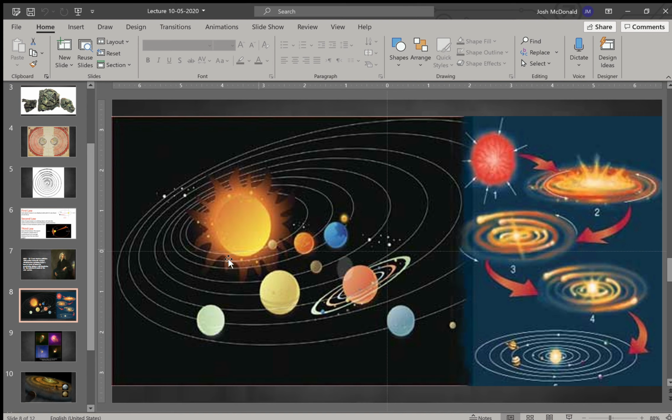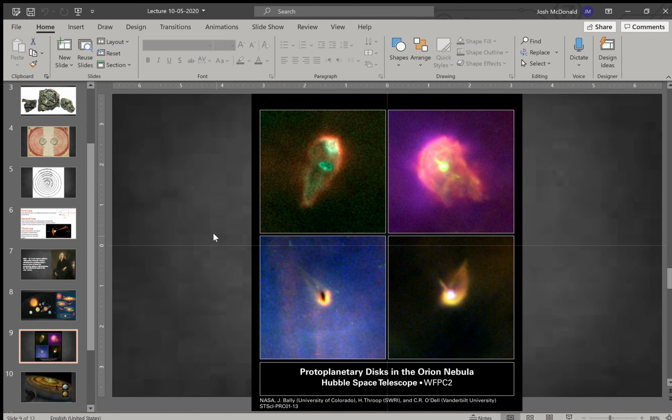So through the spinning, you get what's called a protoplanetary disk. And here are some pictures that the Hubble telescope took of protoplanetary disks in the Orion Nebula. These are pictures from NASA. You can see a lot of different things like that on their website.